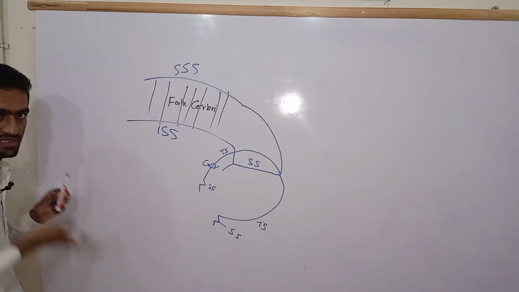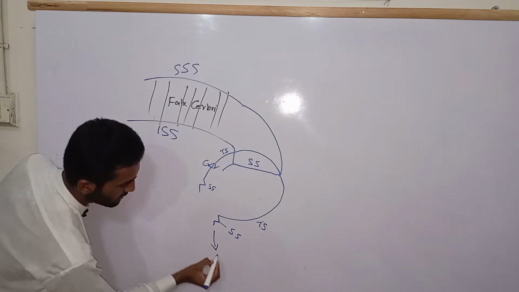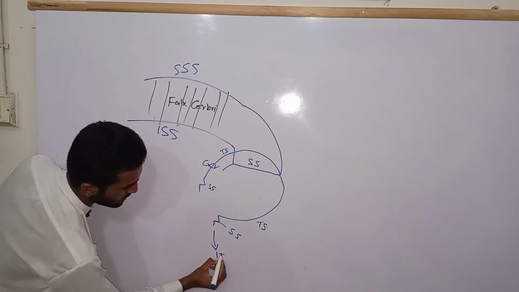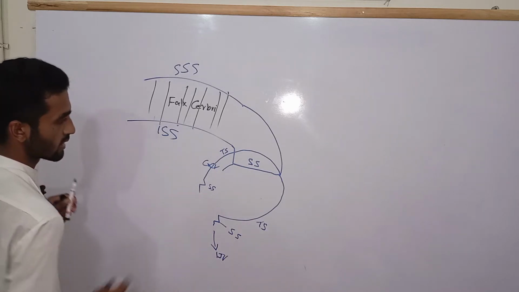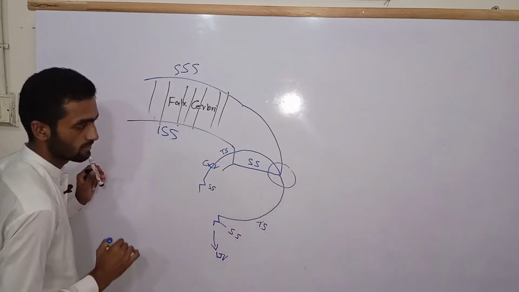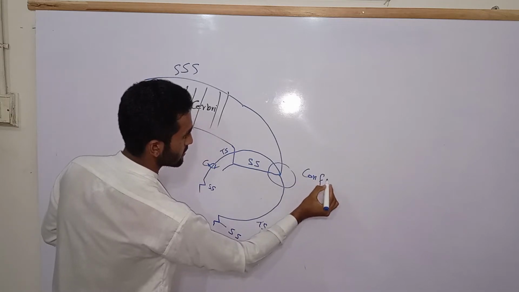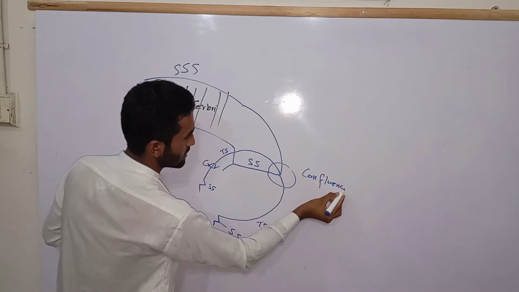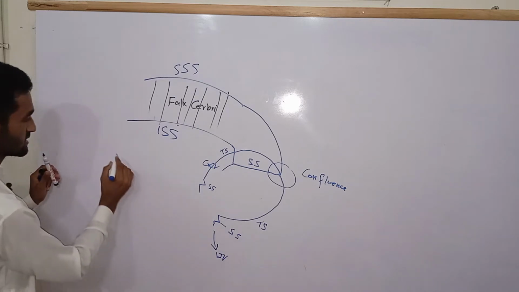This sigmoid sinus goes into the internal jugular vein. So the point where all these sinuses meet is called the confluence of sinuses.